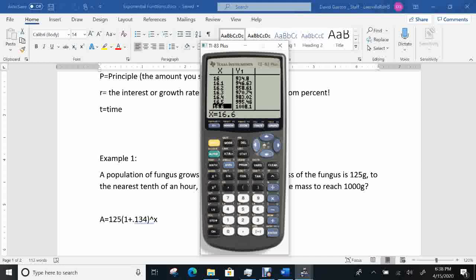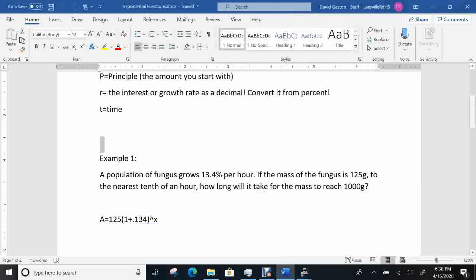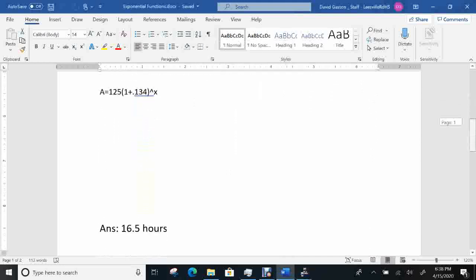Well, 995.4 is closer to 1,000 than 1,008.1 is, so I would estimate that this would take about 16.5 hours. And if we scroll down here, we'll notice that that is exactly what it takes.